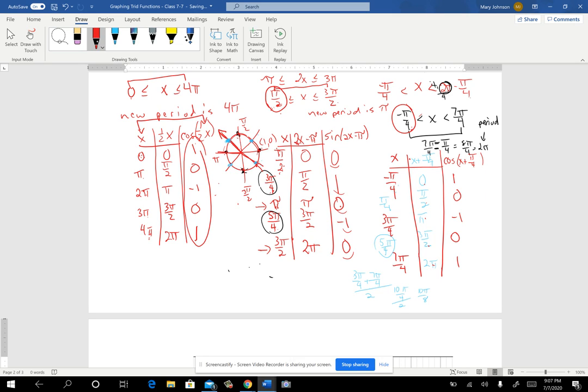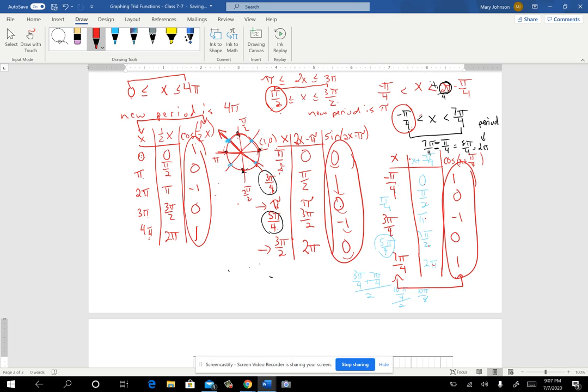What I'm actually going to graph will be these, and then I'll worry about making it a secant graph when I'm finished. So working on being able to do those 5 key points and understanding how we get the usual output values as you go around the unit circle, that's why we do it, can be helpful.